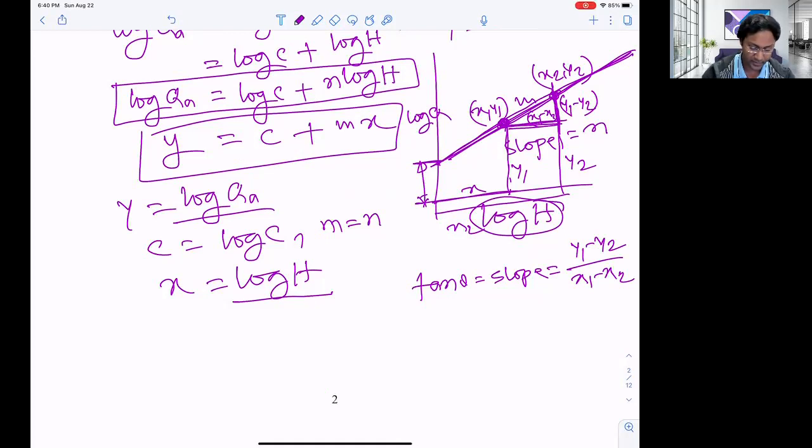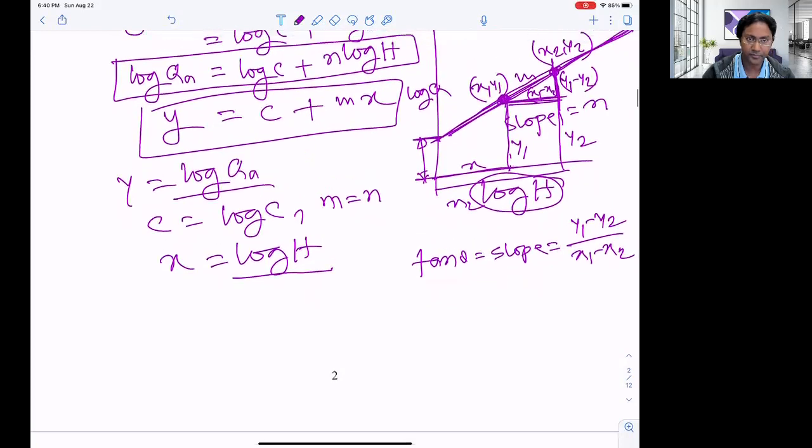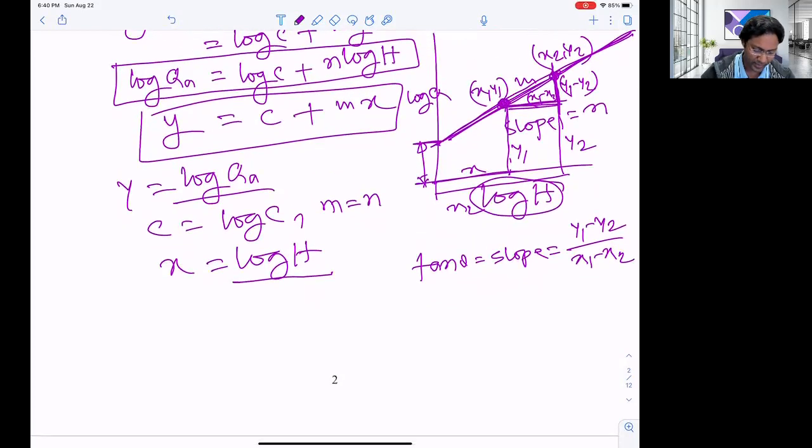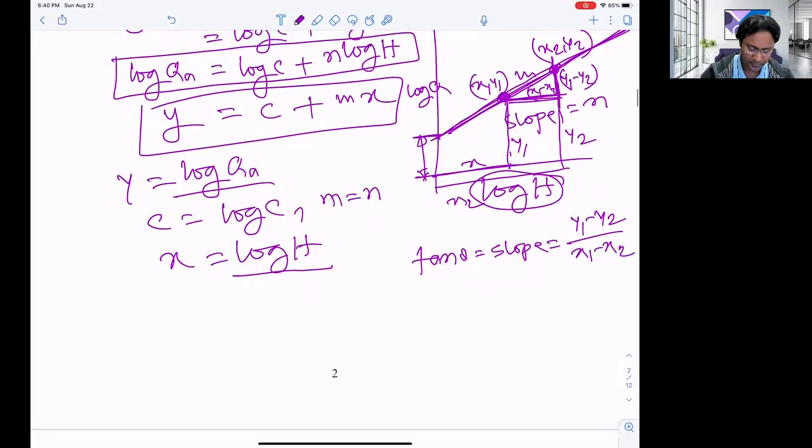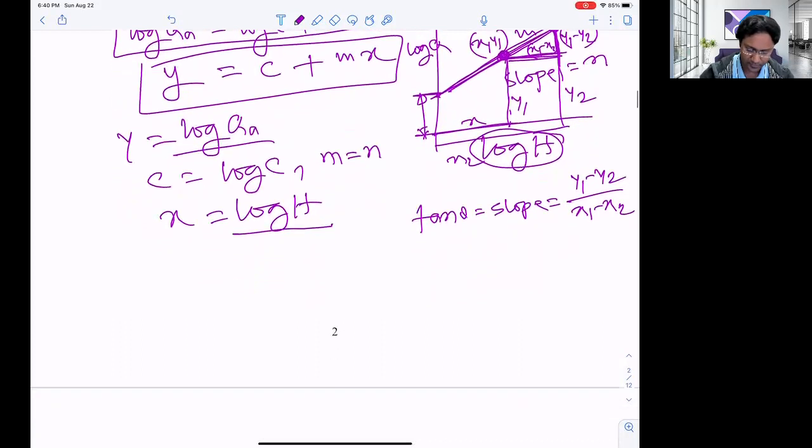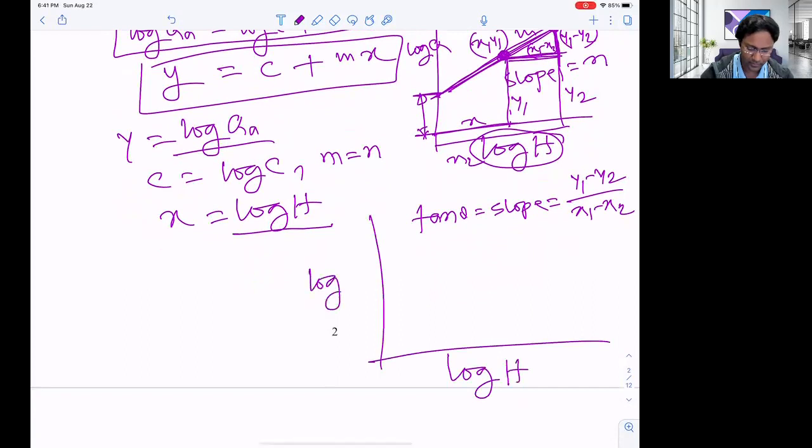So for our case, if we plot on log graph paper, we'll select 2 points, and then we can compute the slope. So what will be the slope for our case? Because we'll have log h here, and log qa, and we'll have one straight line like this.